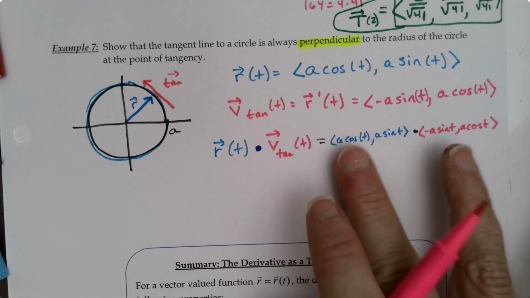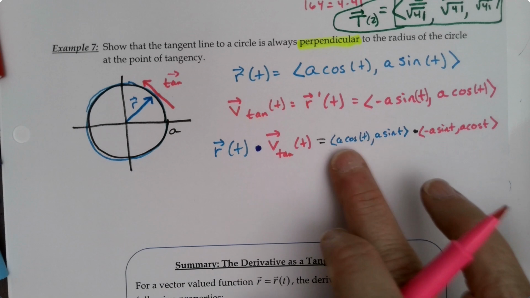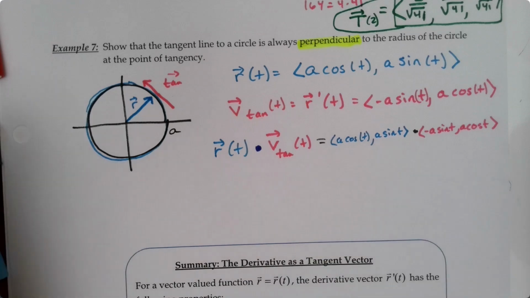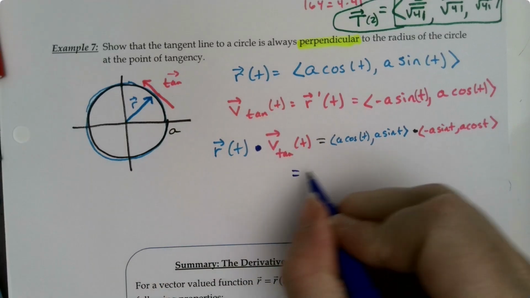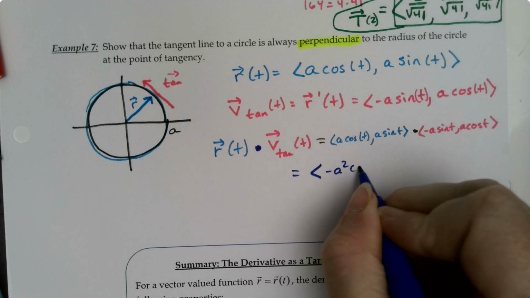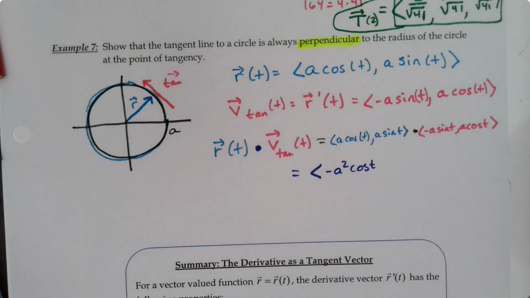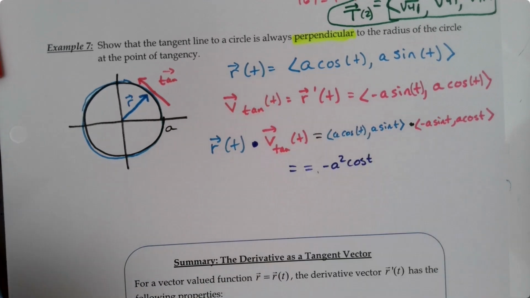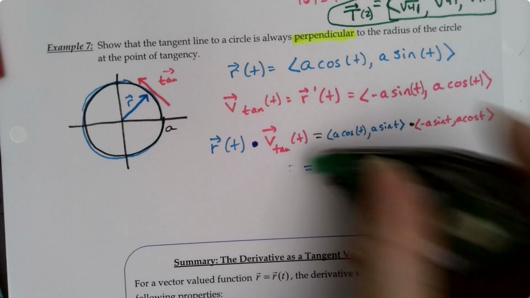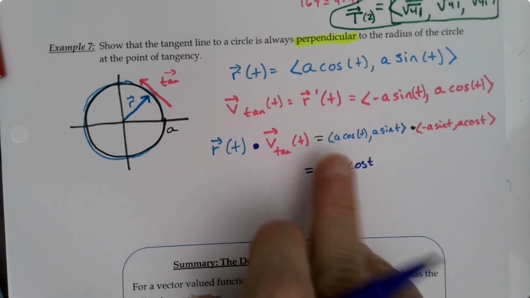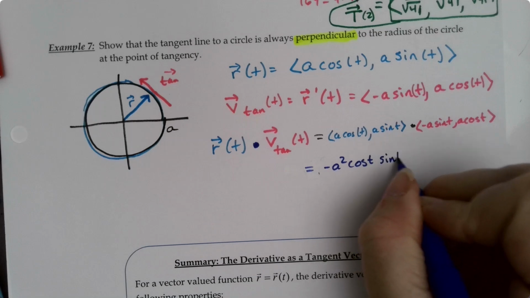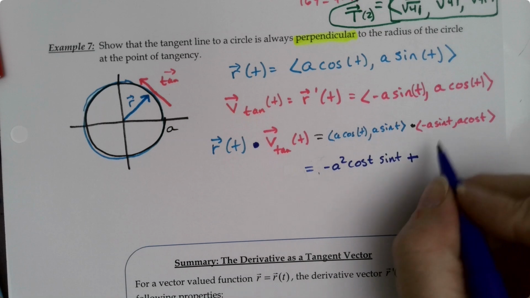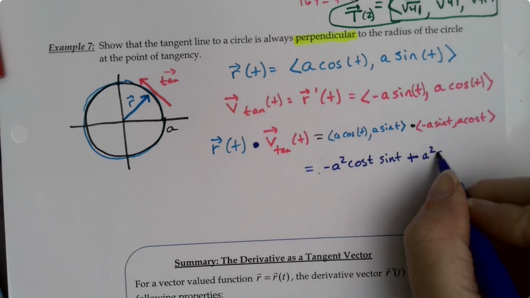So we multiply. A times a would be a squared, and it's negative, so negative a squared cosine t sine t. Of course it's a scalar, so there's no vector anymore. Negative a squared cosine t sine t plus a times a is a squared sine t cosine t.